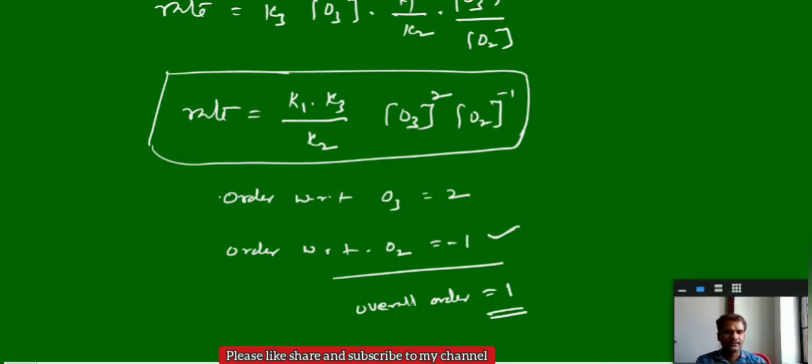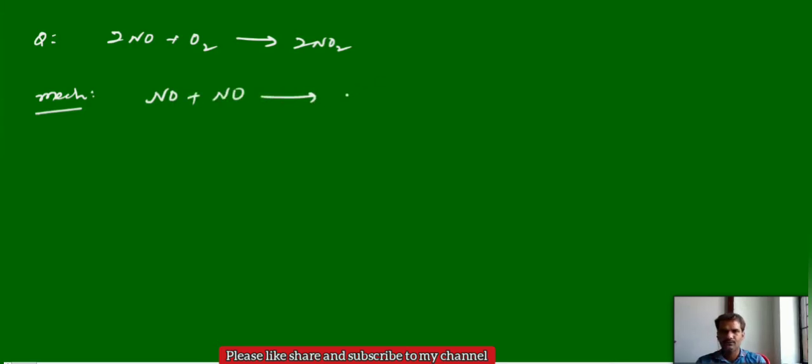We can take one more example here, one more similar question. 2NO and O2 will give 2NO2. This is the overall reaction. The mechanism for this: first step, NO and NO can give N2O2, but it is a reversible reaction, K1 and K2.